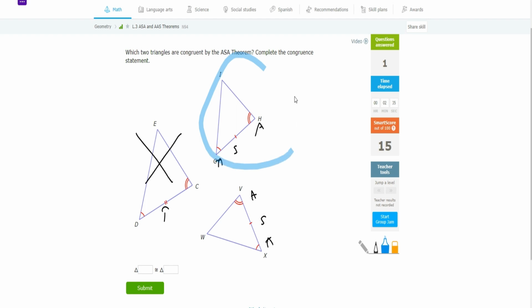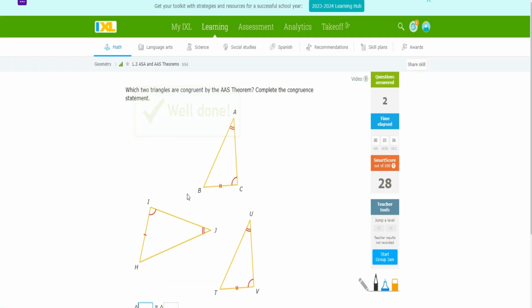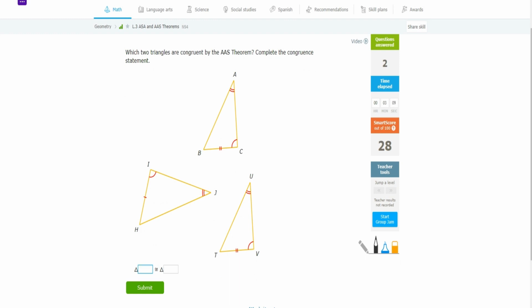We'll pick this triangle here and call it IHG, with the double arcs on IH. And then it should be WVX. There you go. Okay, that's all for me.